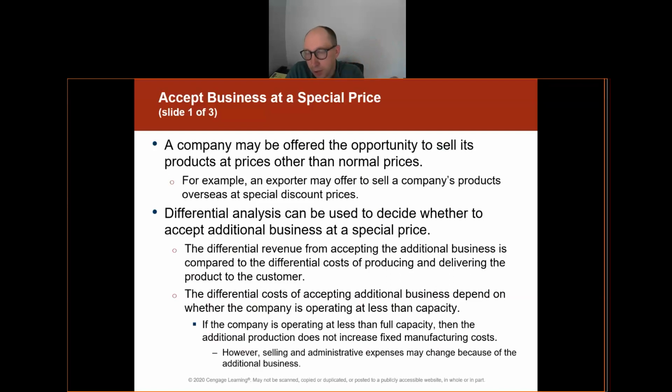And we have a customer from overseas that comes to us and says, "Hey, listen, I know that you sell the basketballs at this price, but I'm willing to buy more from you at a lower price." This happens a lot in business. We call it a bulk volume discount, when a customer wants to buy more from us at a special price. And that's the decision that we're looking at.